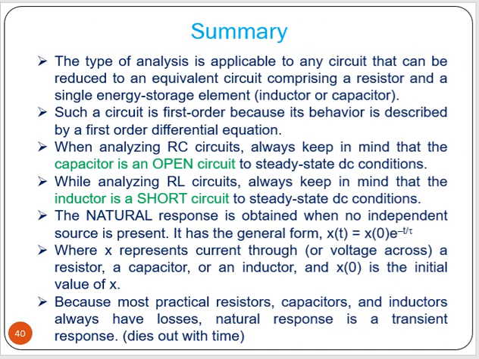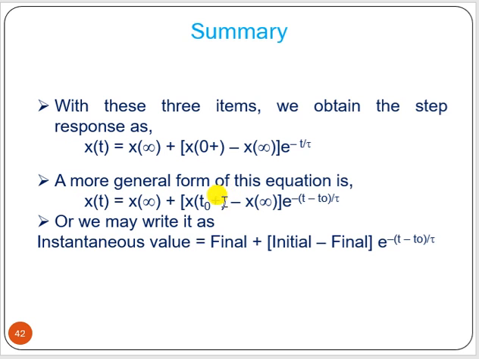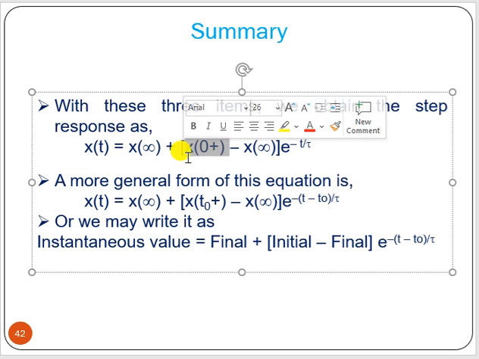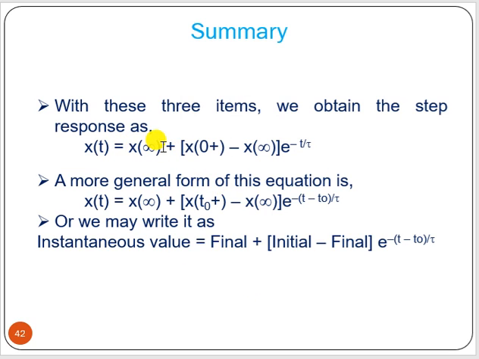And for charging, the initial value is 0, then the charging equation is x(infinity) times [1 minus e to the power minus t by tau], or if it is the delayed version, then we can include t minus t0 also.